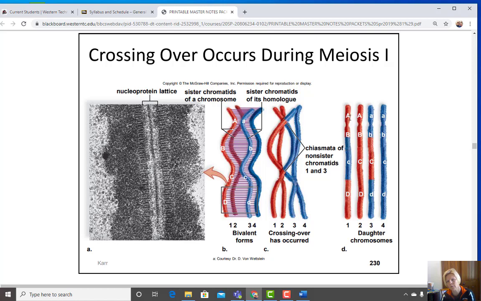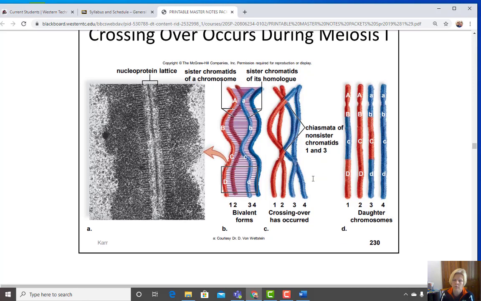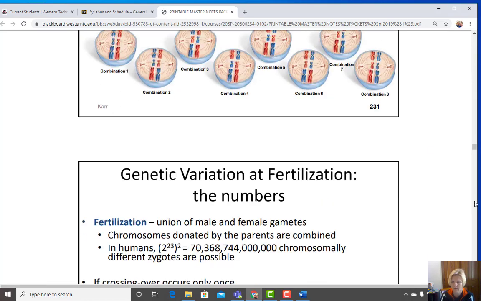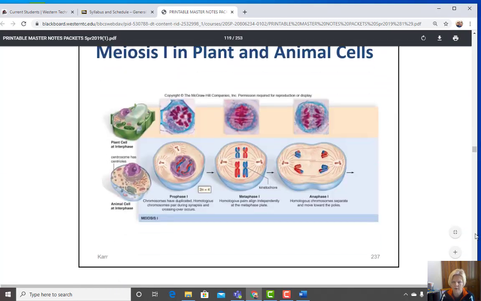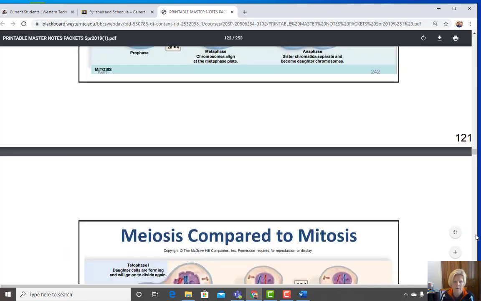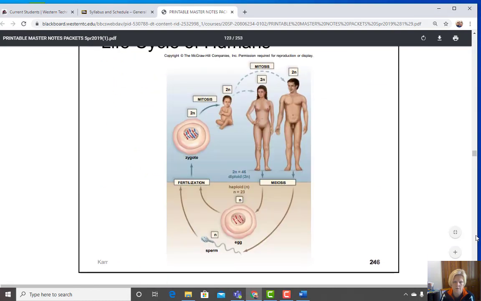We're going to get one of these as a result of meiosis, and they come together at fertilization, and then you have two copies of those alleles. Every cell has two copies of an allele, and those will separate during meiosis into sperm and eggs, each getting one allele. All right, let's go back to our slide.